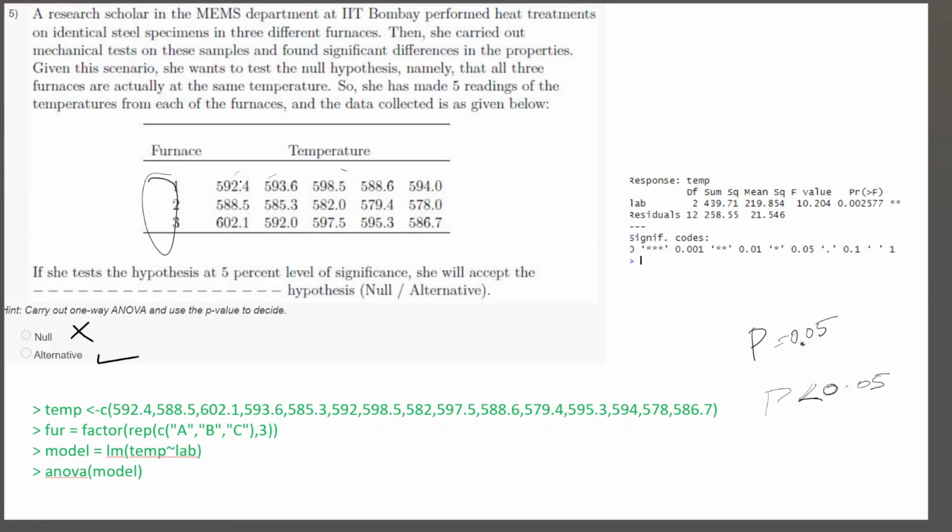See, here we have got a value of 0.002577. If you would have got something like 0.06 or 0.055, then we would have said the null hypothesis is valid. But here it is very small, so the null hypothesis is not valid.